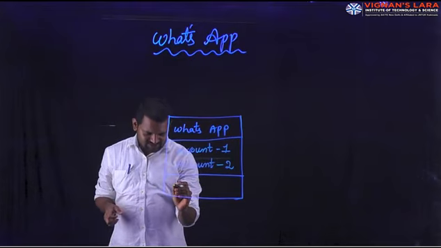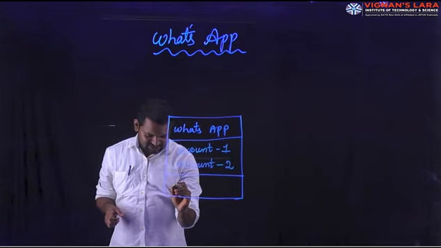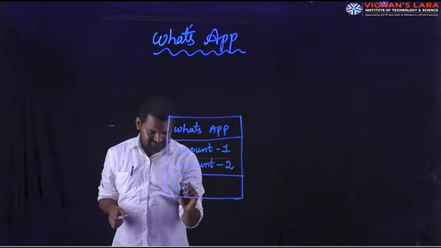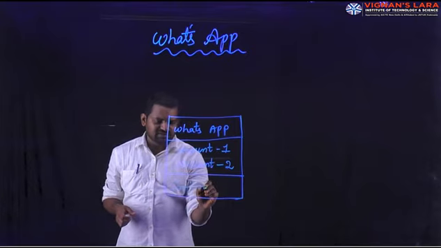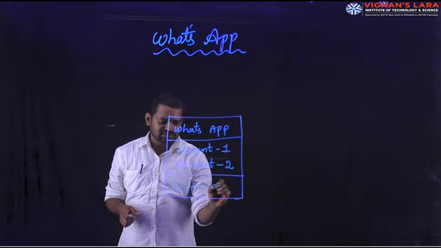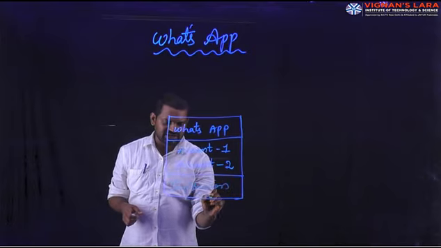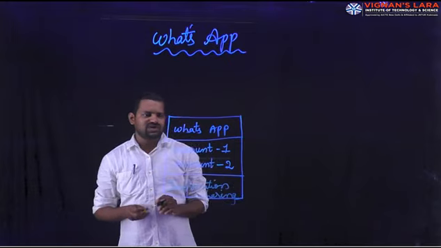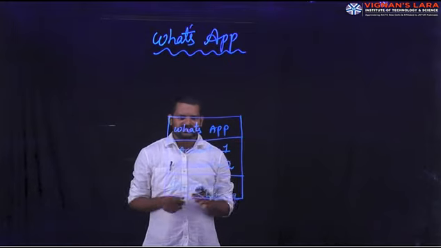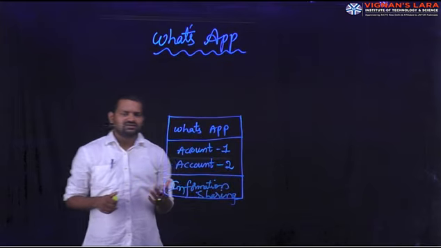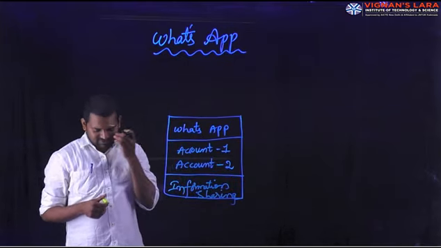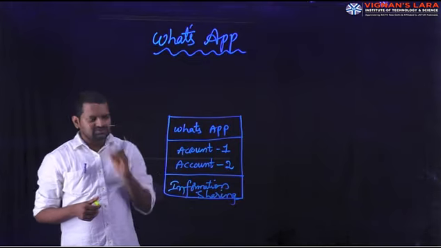Here we have to transfer the information, information sharing. Why do we use this class? The name of the class is WhatsApp. In this class, we are sharing account 1, account 2, and many accounts for a particular user.